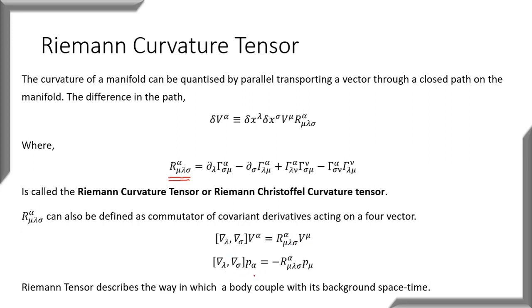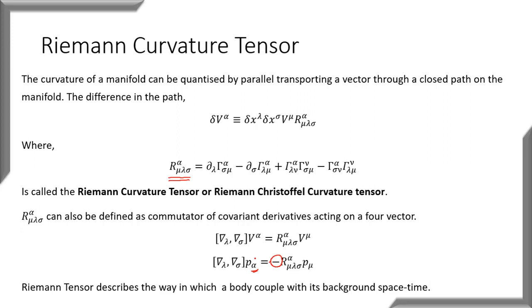Again, when it is acting on the one form of the momentum 4 vector, here also you can see that it produces a Riemann curvature tensor. This negative sign over here just means that I have acted it upon the one form or the covariant form of the 4 vector.